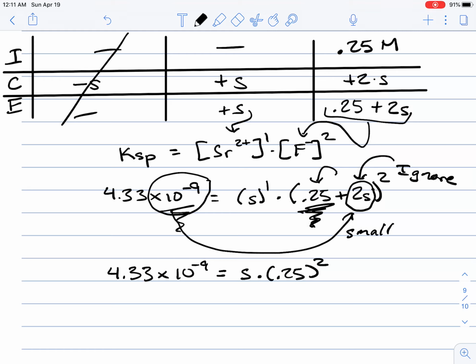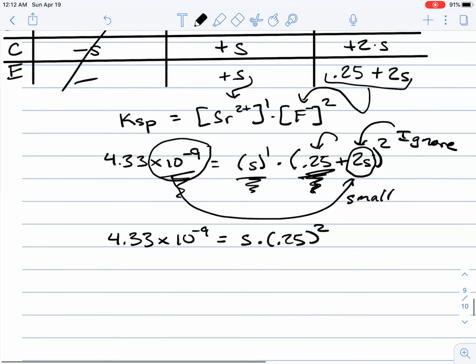Now you don't want to ignore this term because you're comparing it against nothing, right? So s plus 0, that's a significant change. That's greater than 0. And so anything that's greater than 0 will change the number. But if you add in 0.25 plus 1 times 10 to the negative 9 or whatever, it's not going to change that value. It's still going to be 0.25.